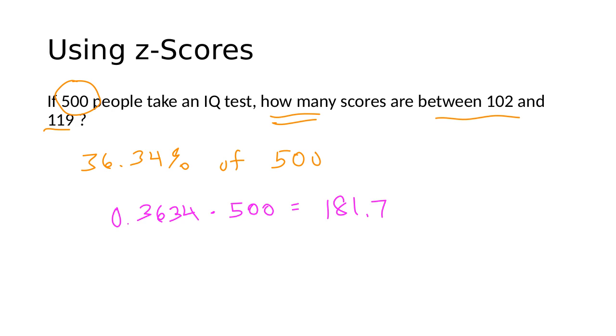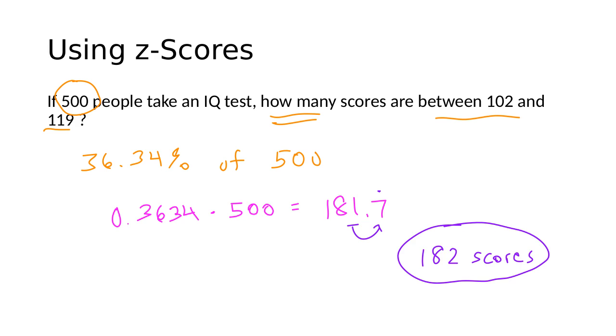And I can't really have a fraction of a person or a decimal part of a person. So how many scores are between 102 and 119 is something that we're going to need to round to the nearest whole number. So I'll look one space to the right. That's 5 or bigger. So we're going to round up. And there are 182 scores that are between 102 and 119.